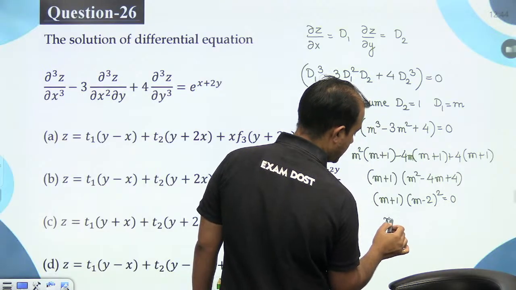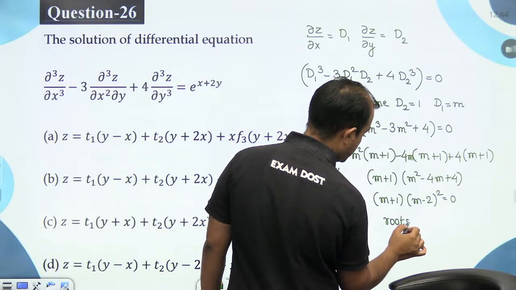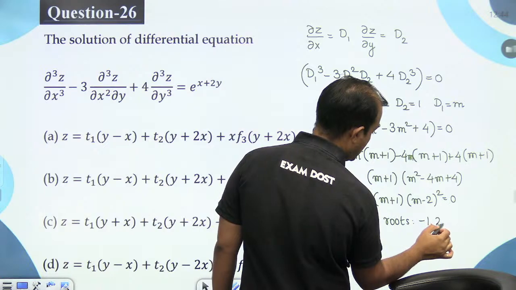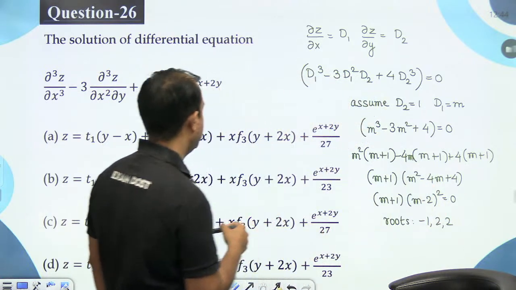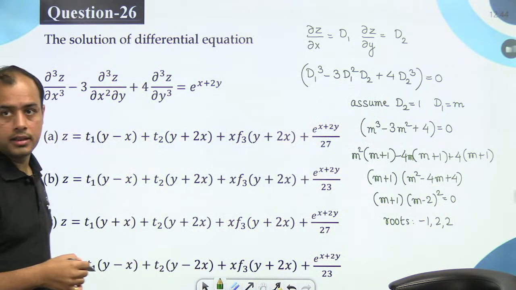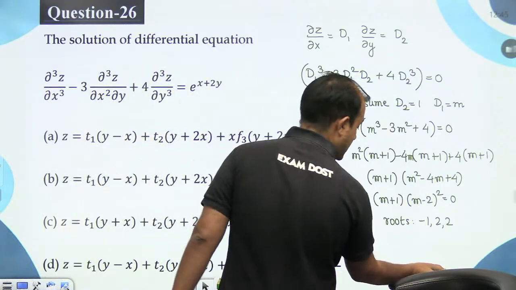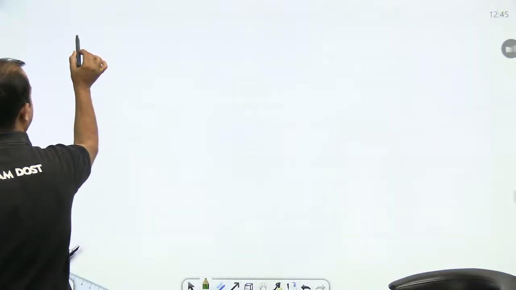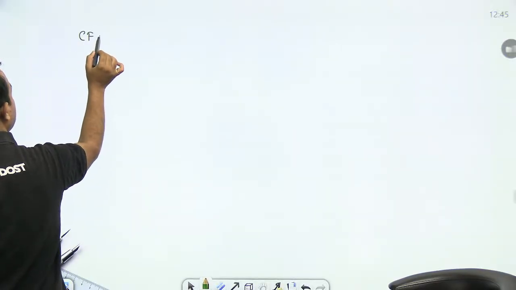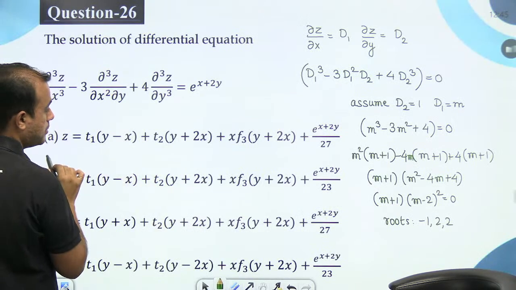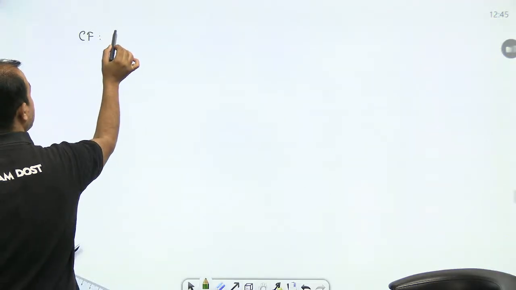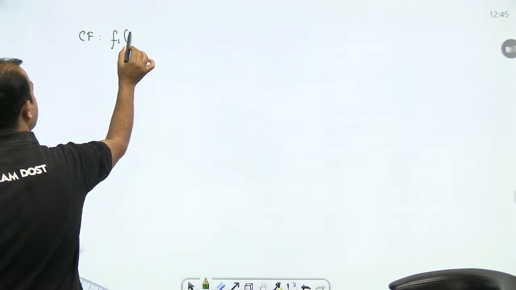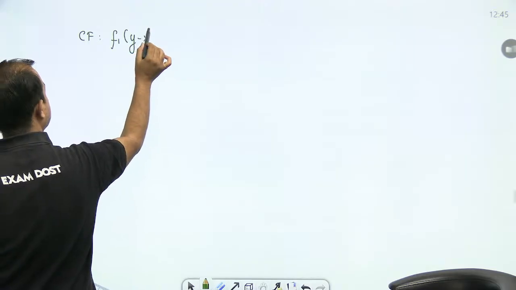So the roots are minus 1, 2 and 2. Now, when we talk about the solution or the complementary function, first of all, for minus 1 it will be f1 y minus x.